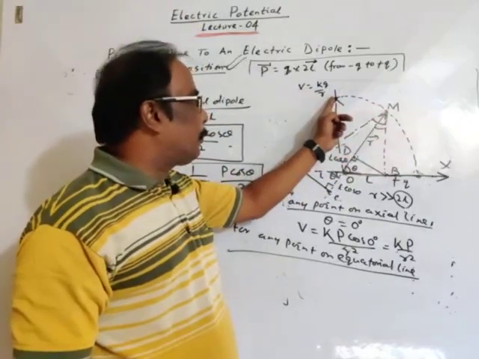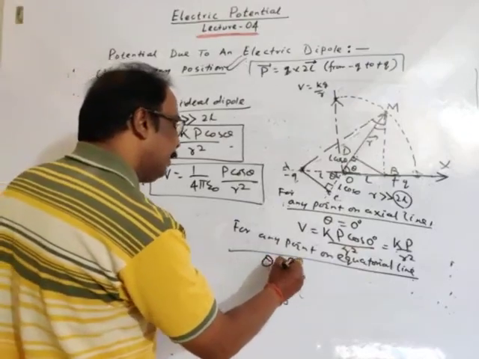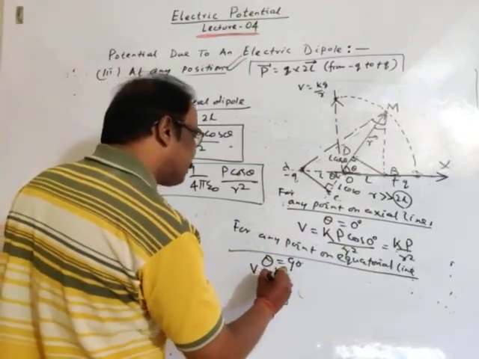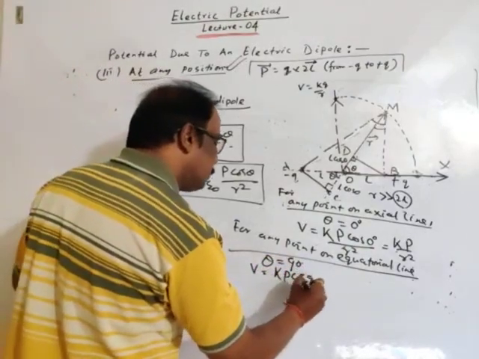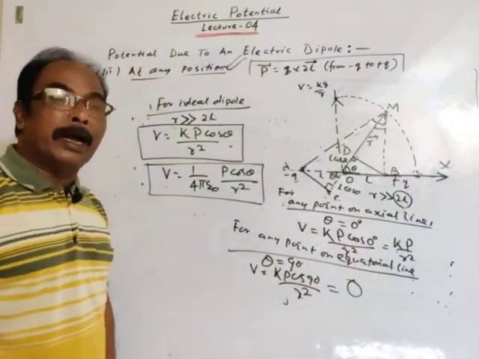If M is brought to the equatorial line, then theta is 90 degree. Then potential is kp cos 90 divided by r square, and this is 0. We have got it.